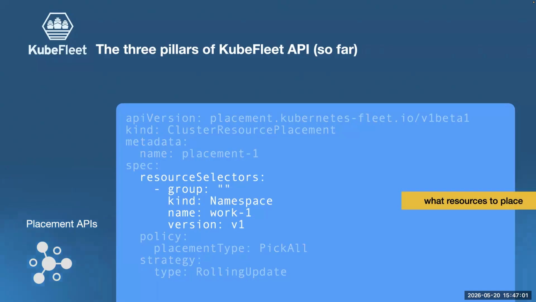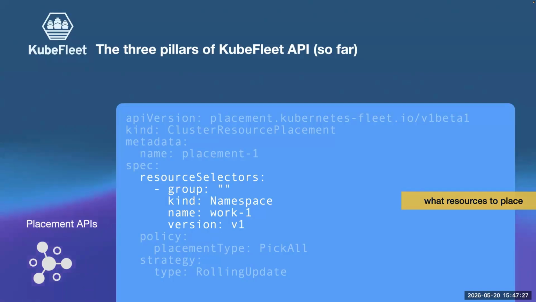The first one is the resource selectors. It basically tells Kubernetes what resources to place onto the member clusters. In this example, you can see it selects a namespace called work v1. When Kubernetes sees this resource selector, it will try to find the work v1 namespace on the hub cluster, retrieve the YAML for this namespace, and then try to place this YAML to all the member clusters.